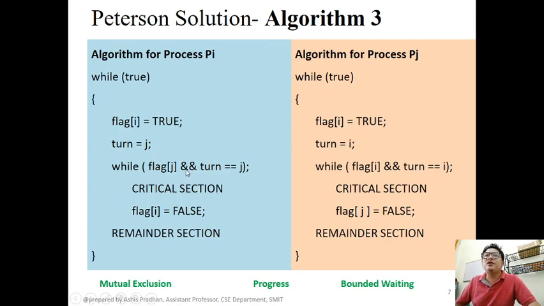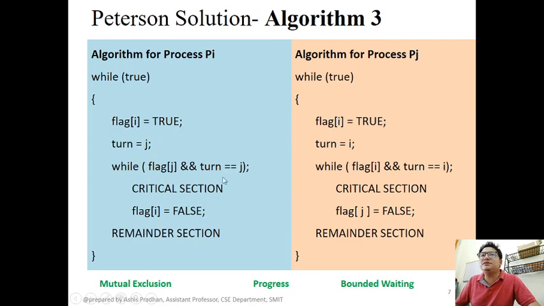Okay, so now assume that flag of j is equal to true and turn is equal to j. Now flag of i, okay fine, pi is interested, it can be true. Now since turn can take only one value, j or i, if this is true, obviously turn equal to i will be false, right?